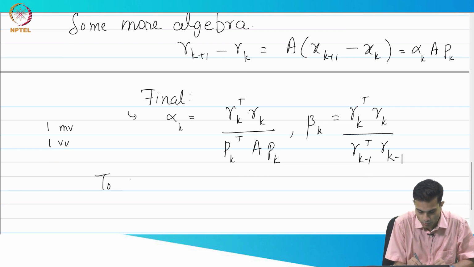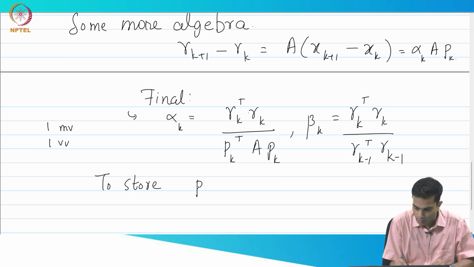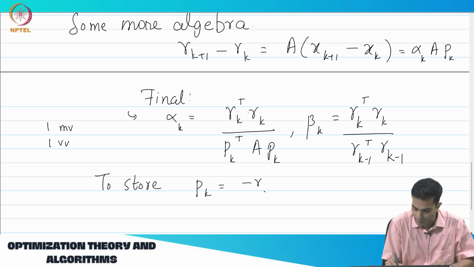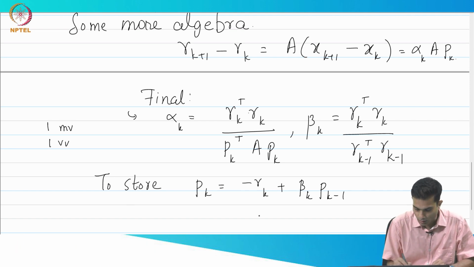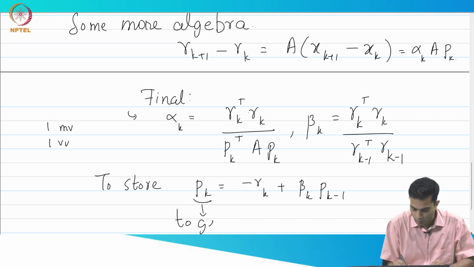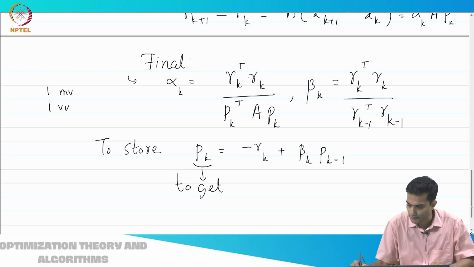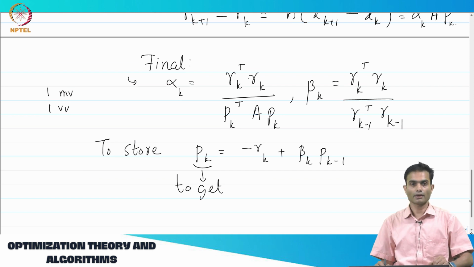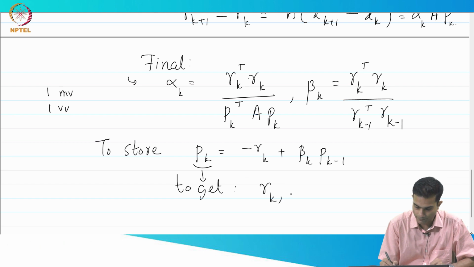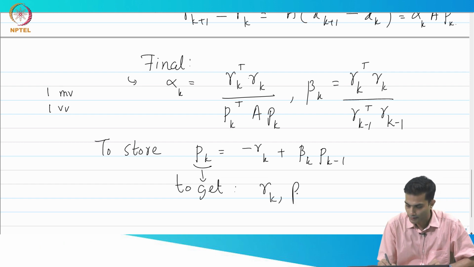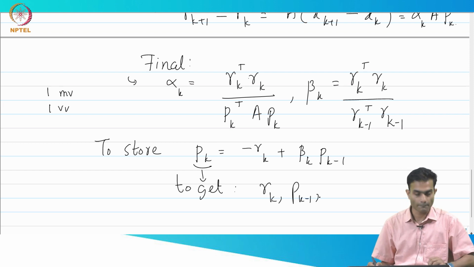So what should I store? Remember, pk is minus rk plus beta k pk minus 1. Okay. So to get this, what all do I need? To get pk, I need rk, I need pk minus 1, and to get beta k, what else do I need?